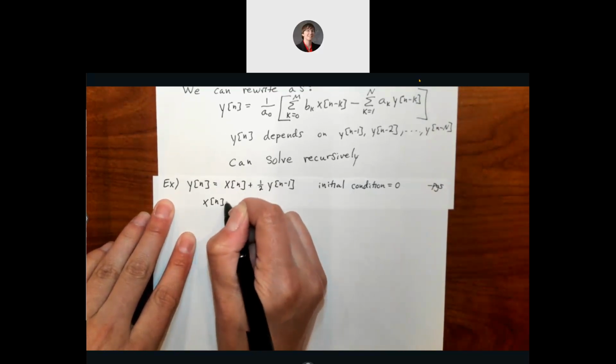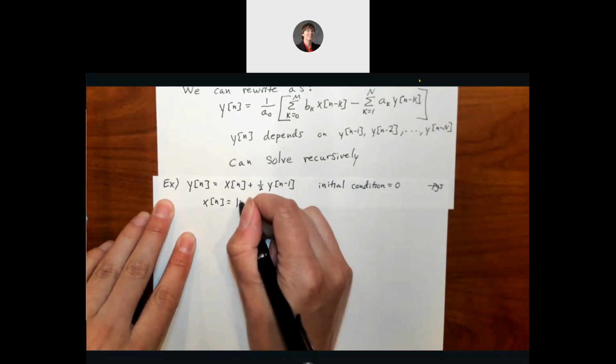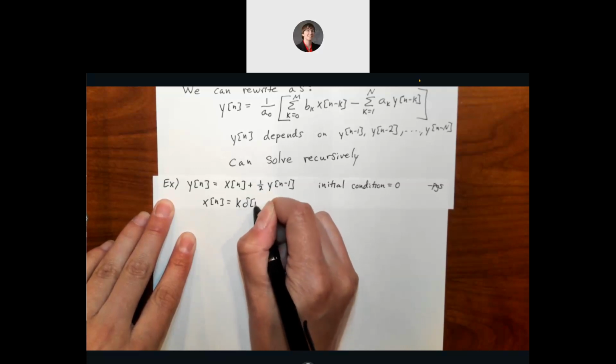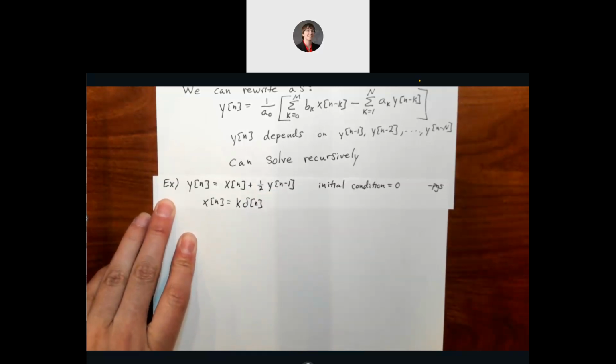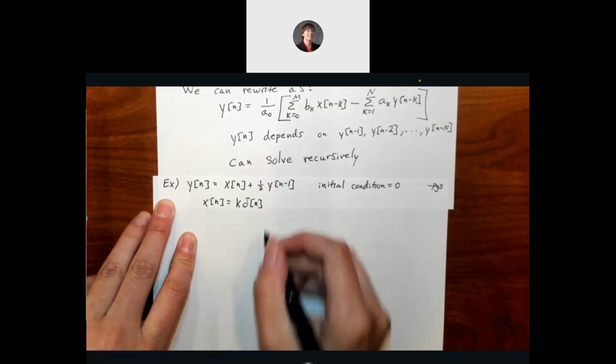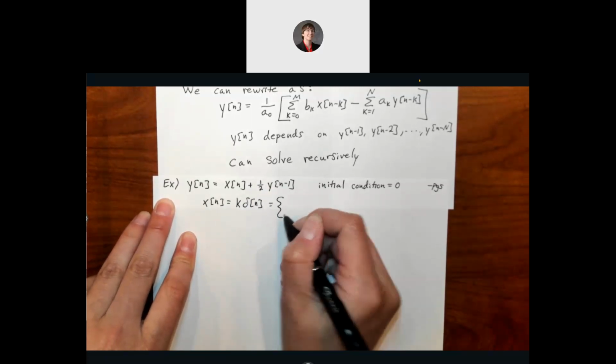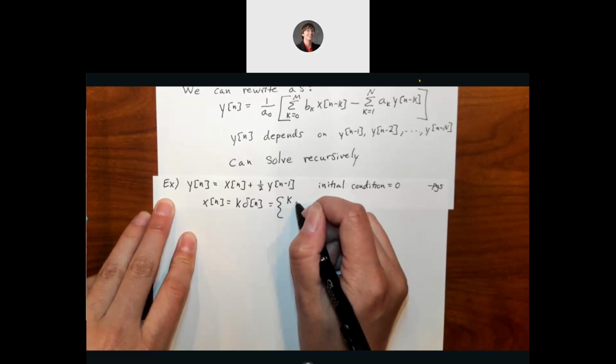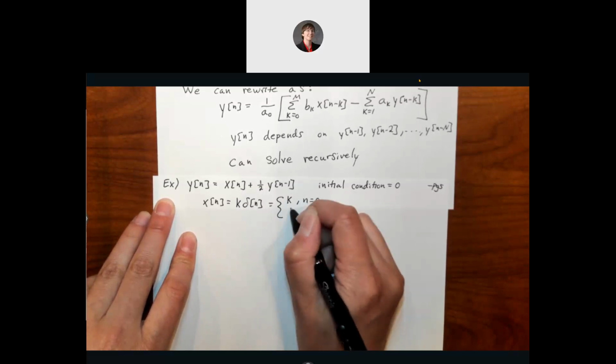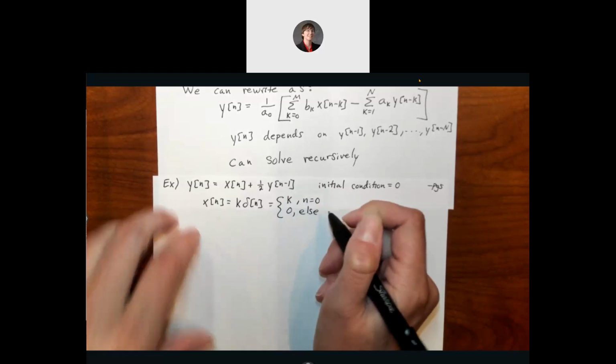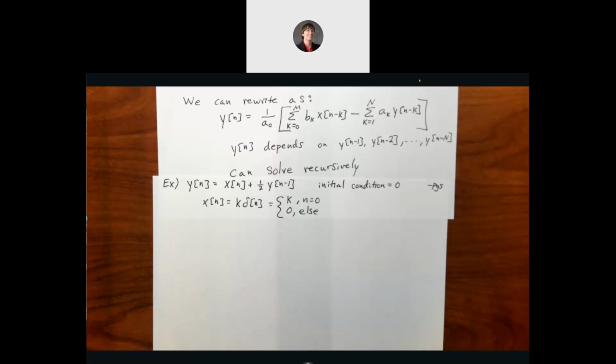if I have x of n is equal to k delta n, which means it's going to equal k when n equals 0 and 0 otherwise.